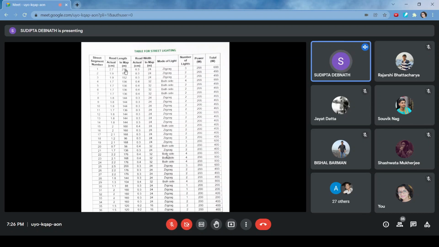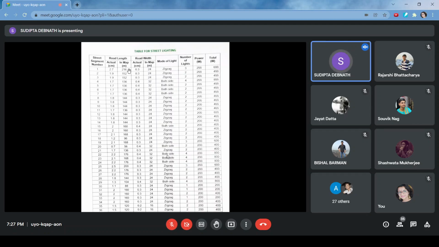It is not that the road was originally 216; maybe the road was 400, or maybe it is originally 216. But for 216, what is the road width? You see it is less than 24, so it must be zigzag. So how many lights have they provided? They have provided only 3. Why 3?